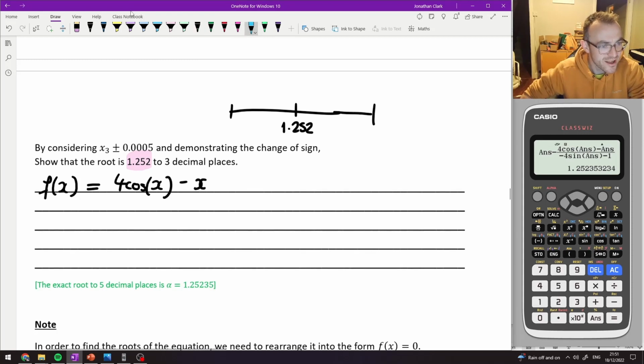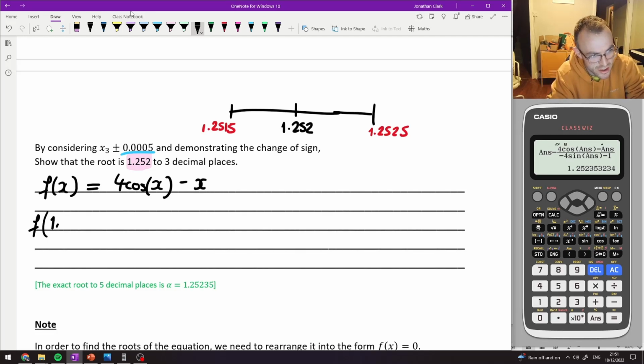If you went up this much, you'd get the value 1.2525. And if you took it away, you'd get the value 1.2515. So we're going to plug both of those into this equation, and we're going to see what it comes out as, and we'll justify what that means and why it's important as well. So let's do that one first.